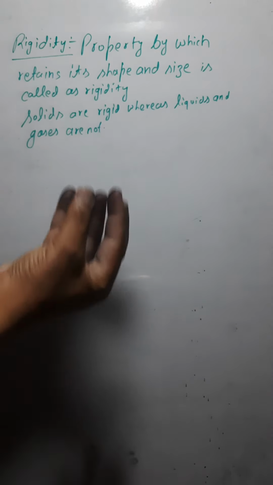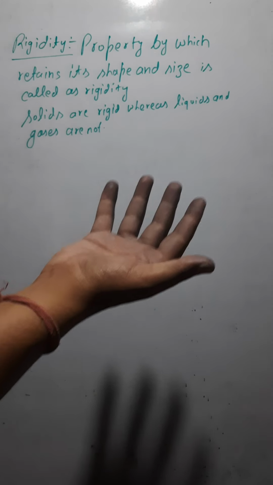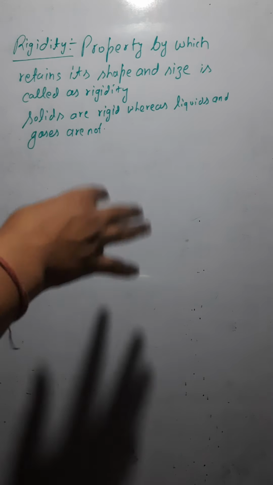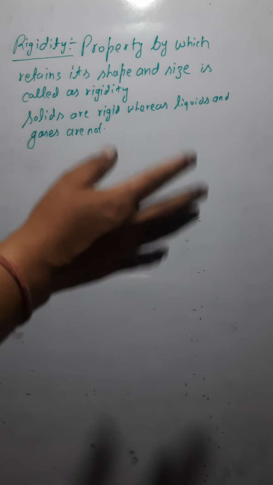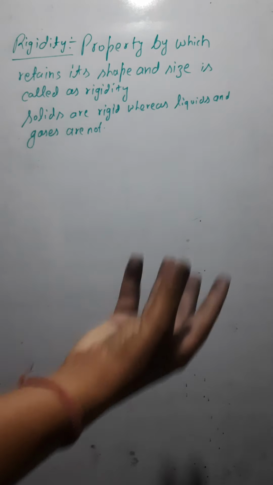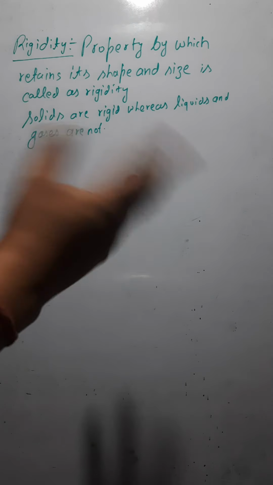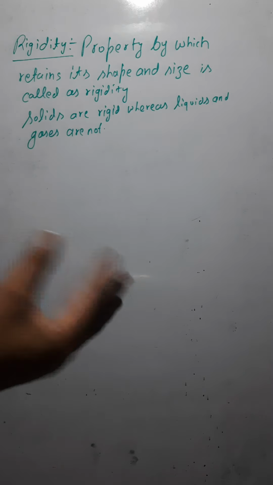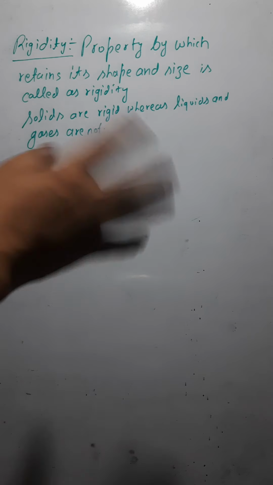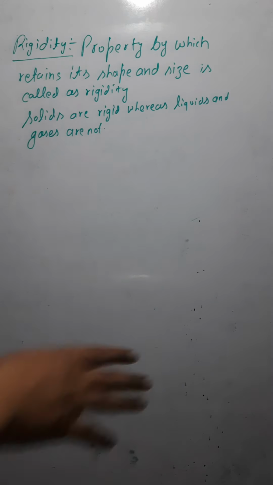Earlier the shape of the liquid was that of the glass. Now you keep it in a bowl, so it would take the shape of the bowl. It means liquids can change their shape. Liquids do not retain their shape. The shape was earlier of the glass, but now it has taken the shape of the bowl. So where the shape is changing, the rigidity property is very low. You can say they are not rigid at all.